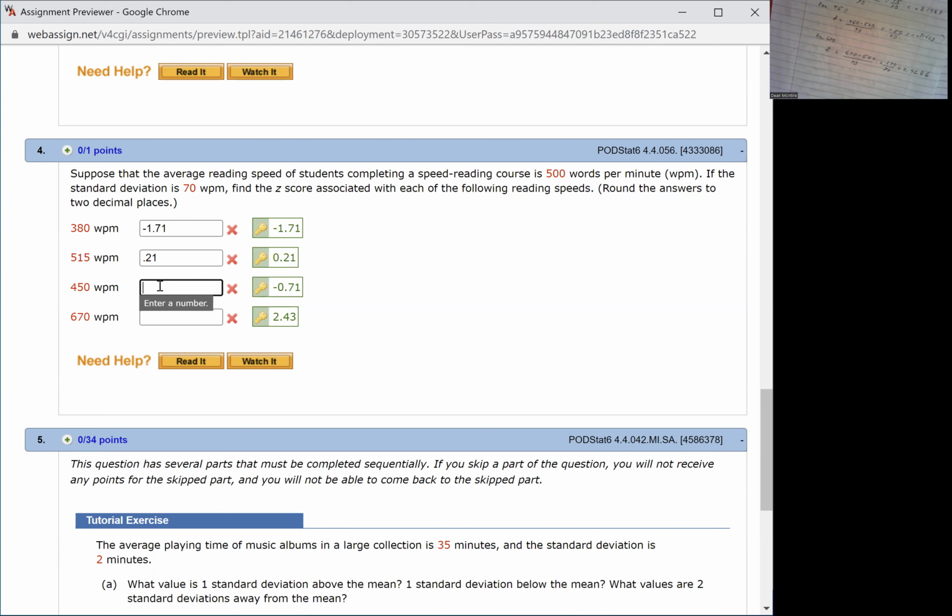And the last one is 2.4286, which we round to 2.43. Okay, that's it.